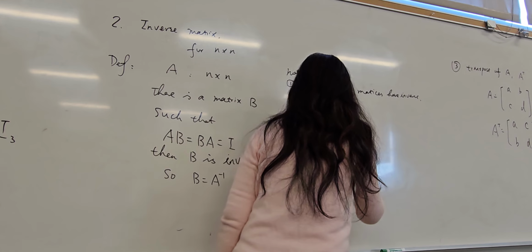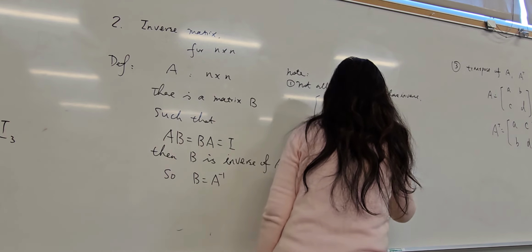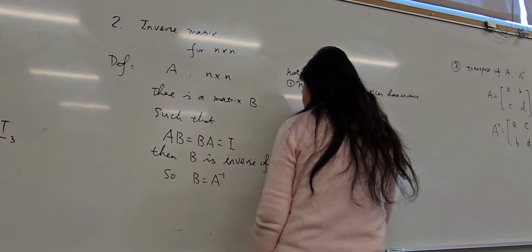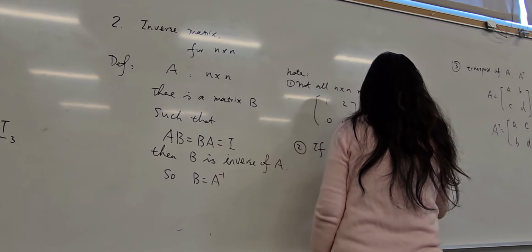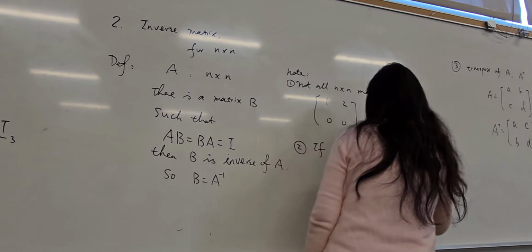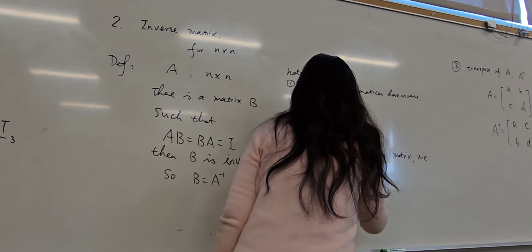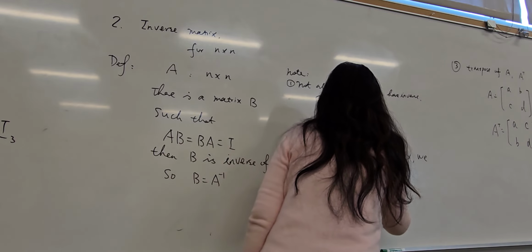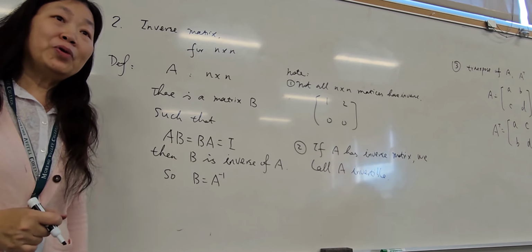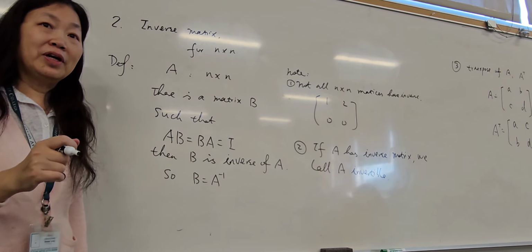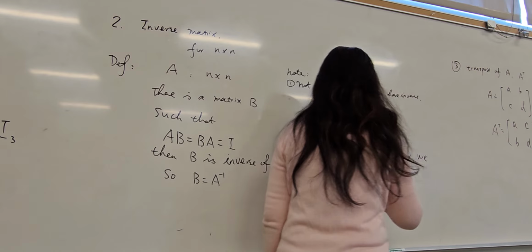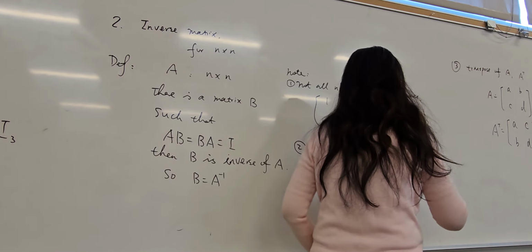If A has an inverse matrix, we call A invertible. It means that A will have an inverse matrix. That's very important. Invertible is very important in linear algebra, because that means you can do division, okay? So if A is invertible, we call A non-singular.